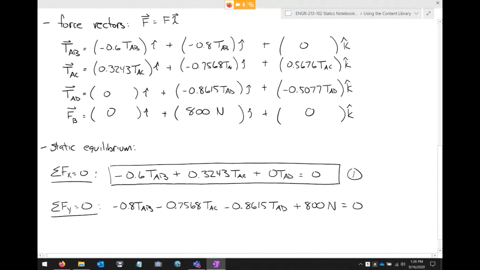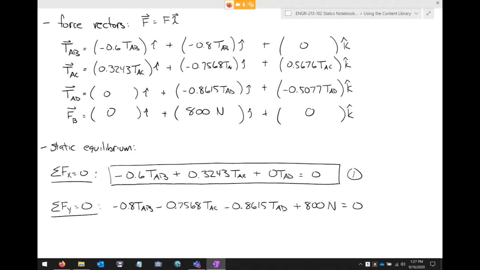Okay, and now this is actually an interesting point. You can do this however you want. You could say, I'm going to move the 800 newtons over to the right side of the equation, and then everything would be negative. Or you can move everything else onto the right side of the equation and keep everything positive.